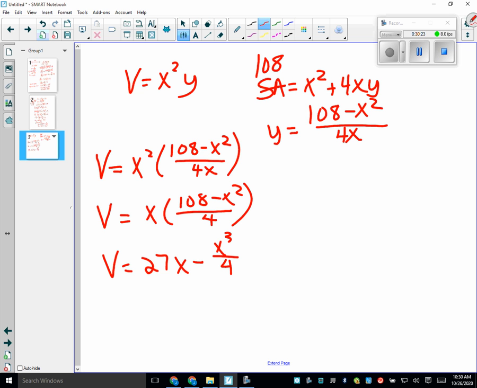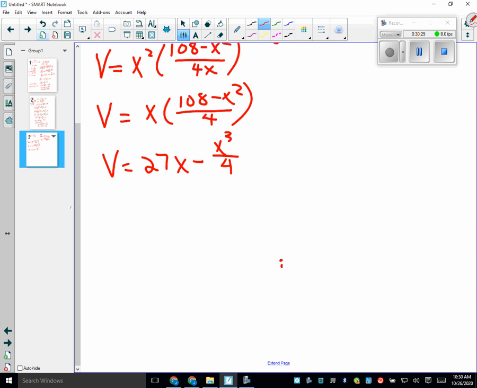Can I take the derivative? What is it? Negative 3 fourths x squared plus 27 equals 0, right?